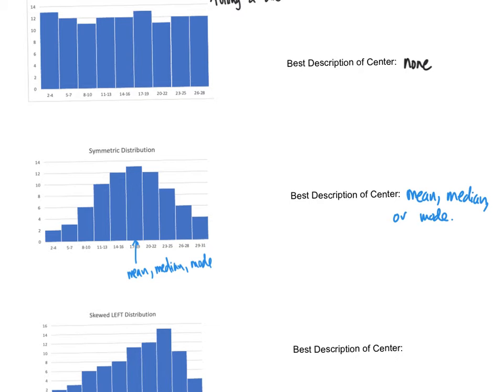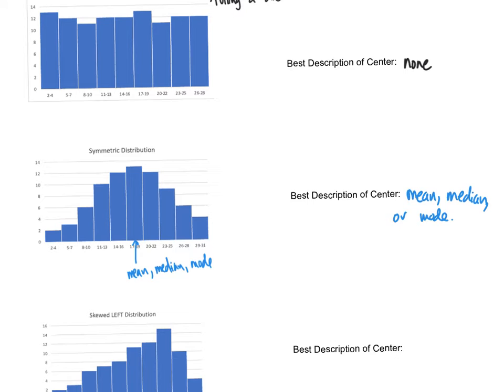Another example, and this is one that I don't have on here, but we can just talk about real briefly, is if you are doing categorical data, like, if you opened up a package of M&Ms and you recorded the colors, you would want to use mode because you can't do mean or median to describe the average of colors.